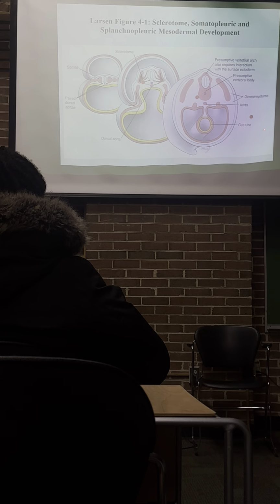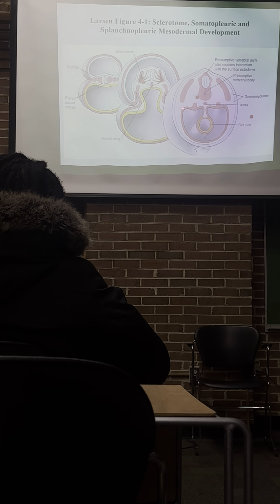What's going on here is this is going to be your lateral plate mesoderm, right here, this block. And there's 2 parts of this that differentiate from the lateral plate mesoderm. You have what? The somatic mesoderm and the splanchnic mesoderm.